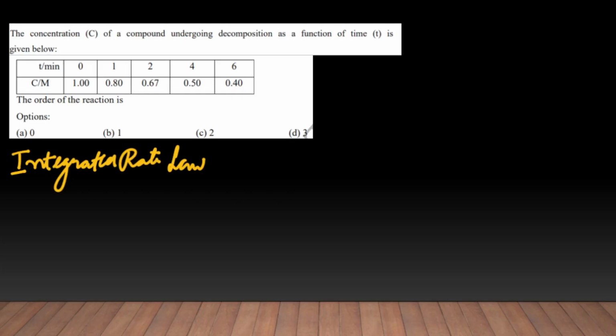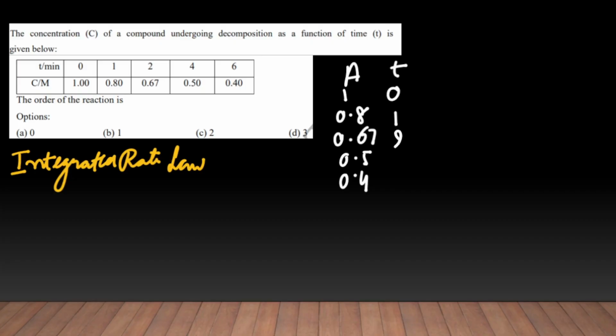What it means: suppose the concentration terms are given to us as 1, 0.8, 0.67, 0.5 and 0.4, right? The time period we have as 0, 1, 2, 4 and 6. So here, let me check first for zero order kinetics.